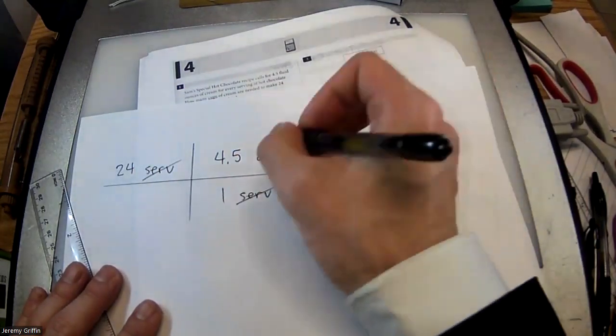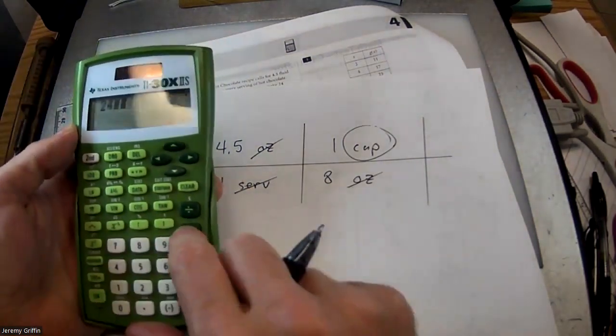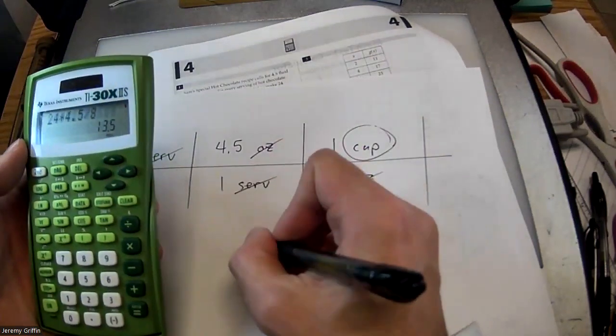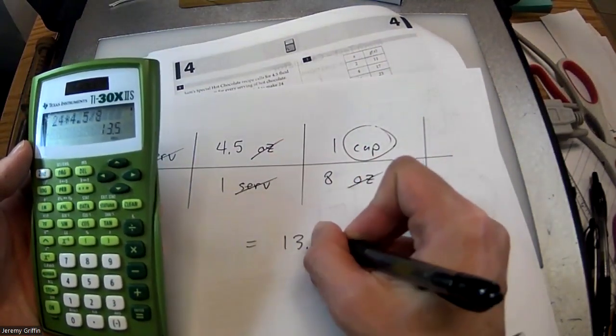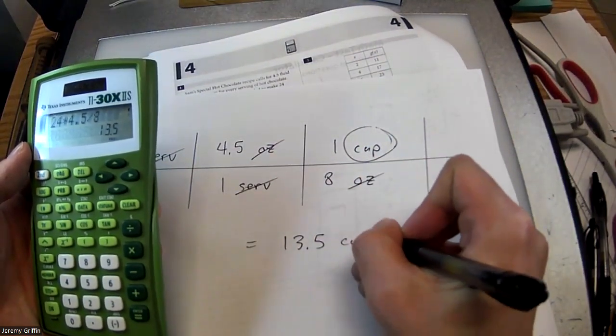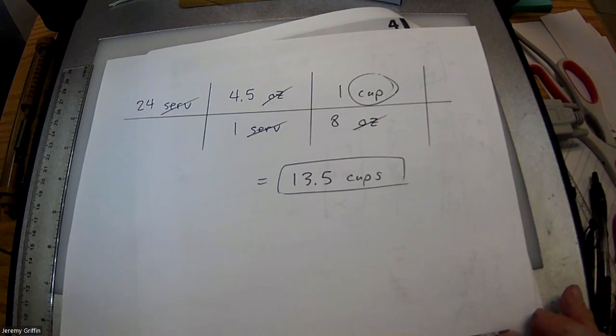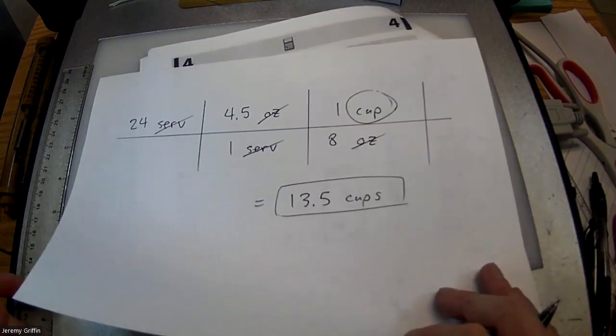Servings, ounces. This will tell you exactly how many cups you need. So multiply across the top, 24 by 4.5, divide by 8 on the bottom. I'm looking at 13.5 cups. Okay. Which is option D. Right, you guys got D for number 1? Number 1's D. Okay. All right, you guys good there?